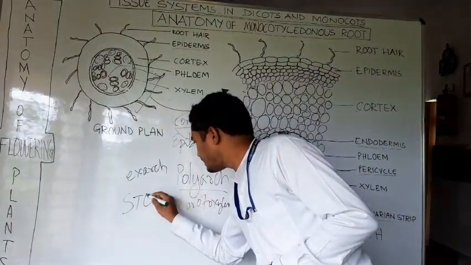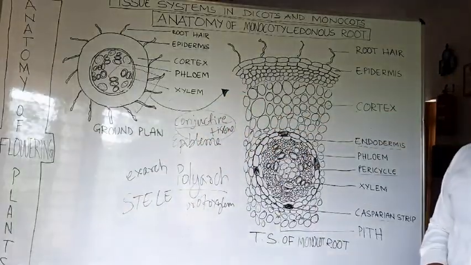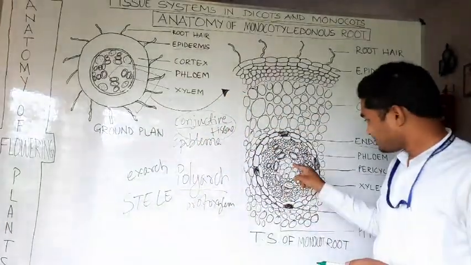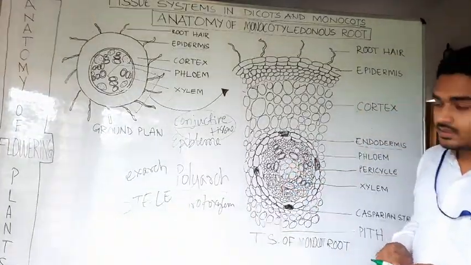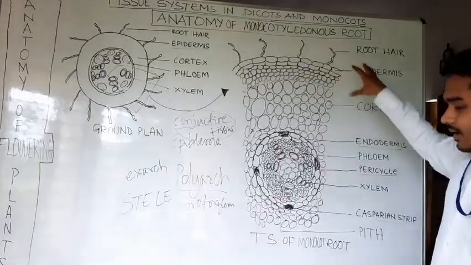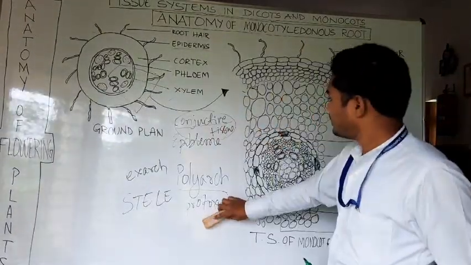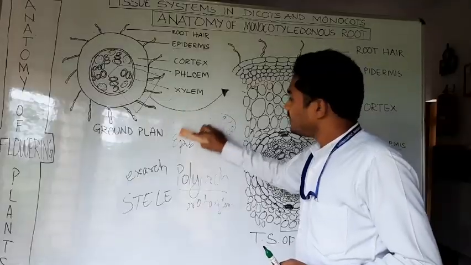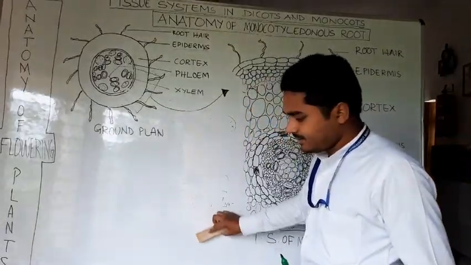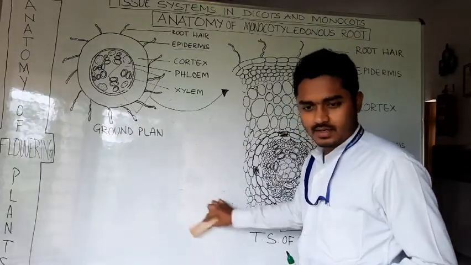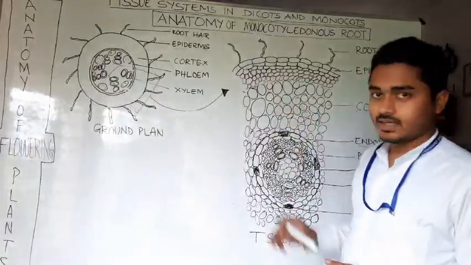So stele is present in monocot root as it was present in a dicot root, but in dicot it is very small or inconspicuous. So in the anatomy of the monocotyledonous root, we see that the epidermis is the outermost layer, and this epidermis or epiblema contains various unicellular root hairs.